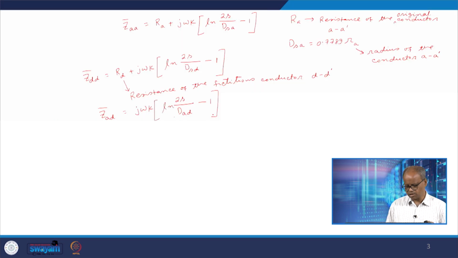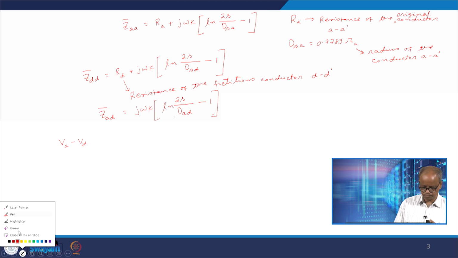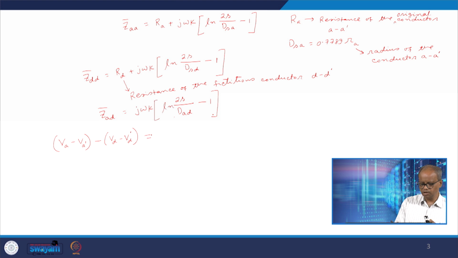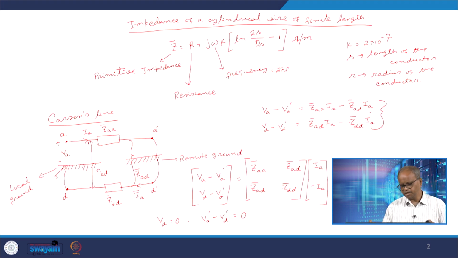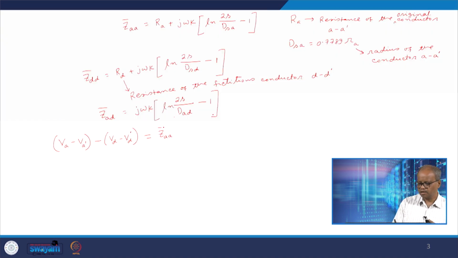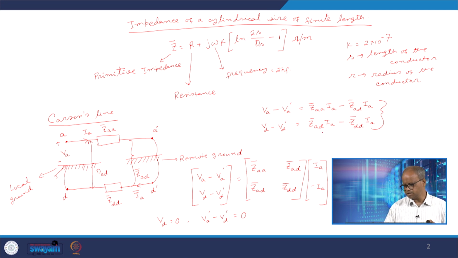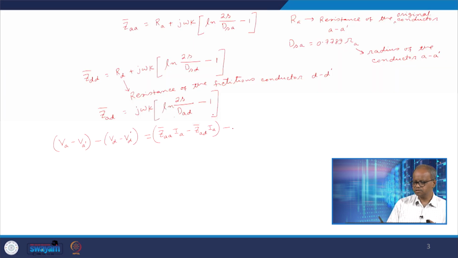So, from these two equations I can write down that VA minus VA dash minus VD minus VD dash would be equal to ZAA IA minus ZDA ID. So, ZAA IA minus ZAD into IA minus this VD minus VD dash is ZAD IA minus ZDD IA. So, it is ZAD minus ZDD IA, right.